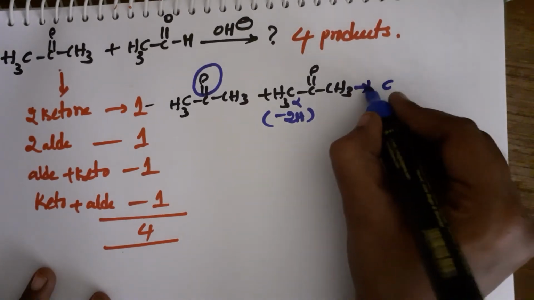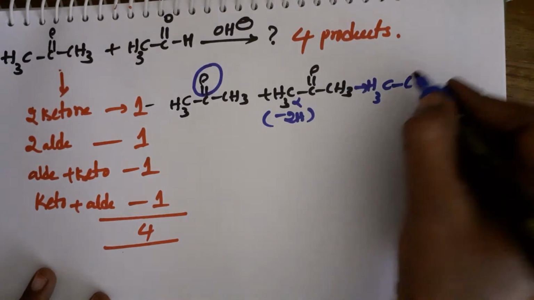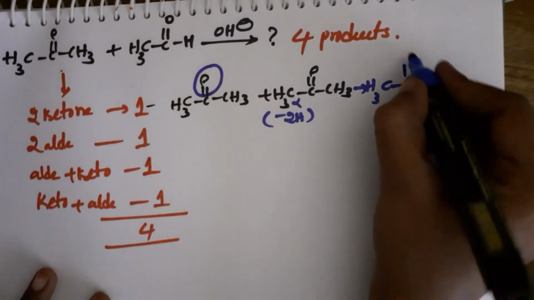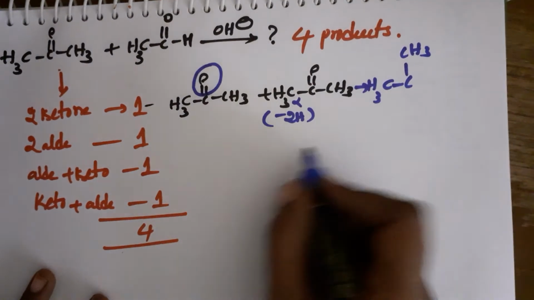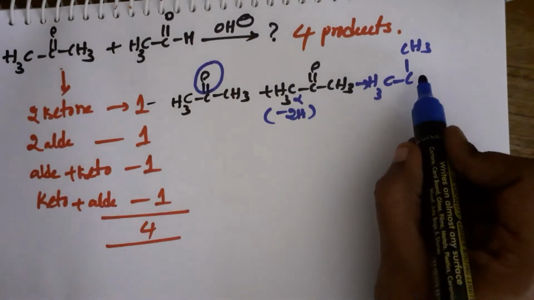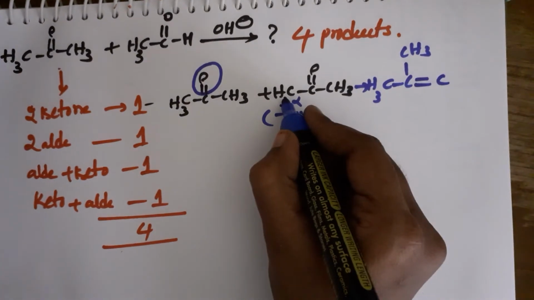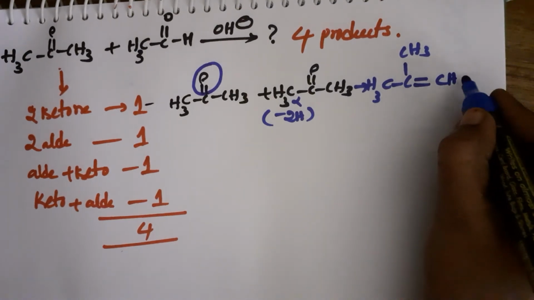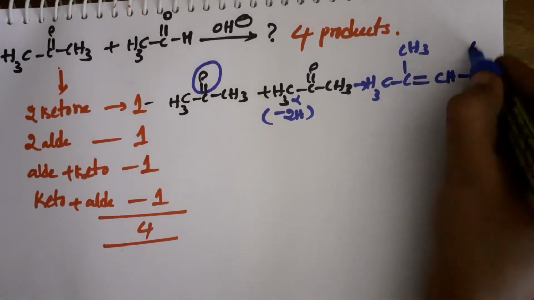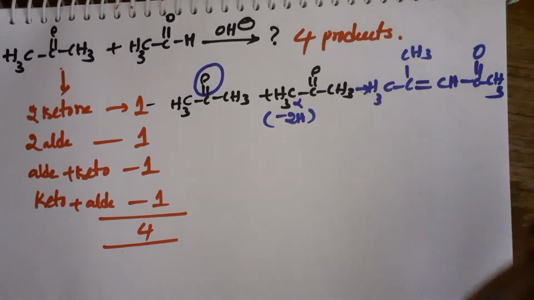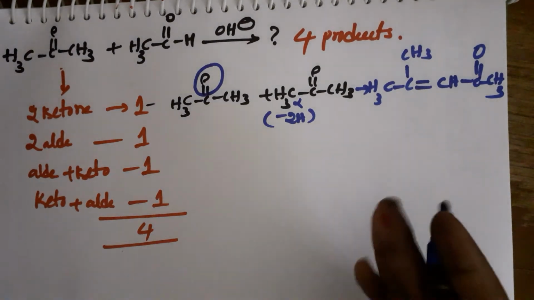Here we'll get CH3 at the top, attached to the carbon. The carbon is directly attached to a double bond, two hydrogens are removed and only one hydrogen is left, then C double bond O, CH3. That's it. This will be the product.